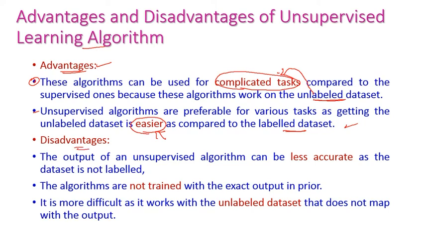When it comes to drawbacks, the output will be less accurate because the data is not labeled. This is the first drawback: the algorithm is not trained with the exact output, hence the accuracy will automatically be reduced.